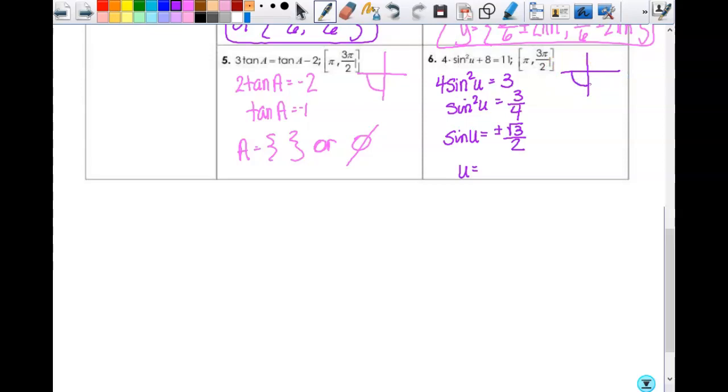So when does it equal positive or negative square root of 3 over 2? 4 pi thirds. What questions do you have? Awesome. All right, flip it over.